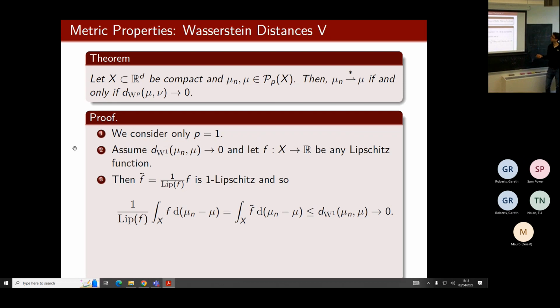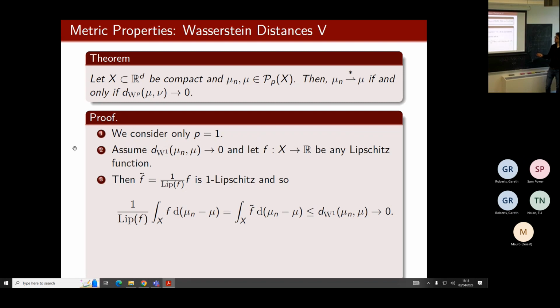Okay, so if f is Lipschitz, then f tilde, being f divided by the Lipschitz constant of f, is going to be 1-Lipschitz. Now we can apply the Kantorovich-Rubinstein duality theorem. We know that 1 over the Lipschitz constant of f times the integral of f is just the integral with respect to f tilde.